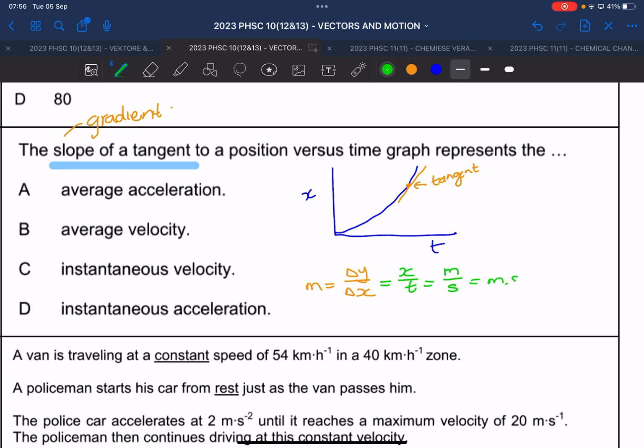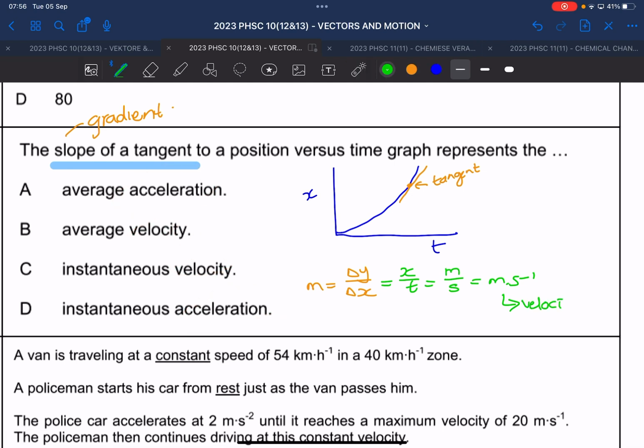So that gives me meters per second. Is it acceleration or velocity? Velocity. Okay. So we know our options is either B or C. Either the average velocity or the instantaneous velocity.